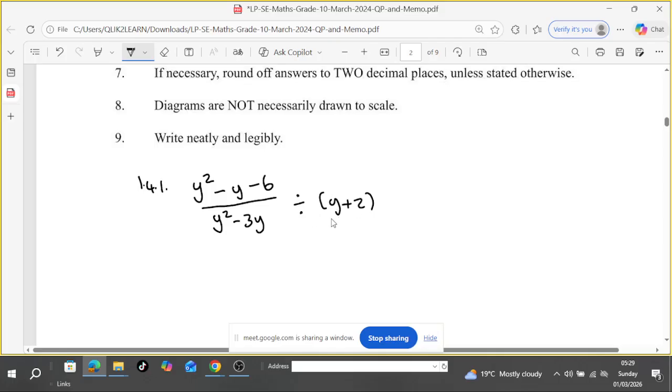So now remember this y plus 2, everything is over 1. My aim is to change the what? Let's start with this one. Let's factorize this one.